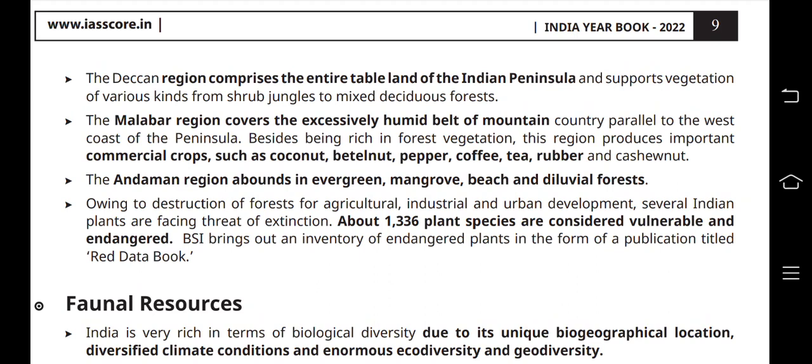The Andaman region abounds in evergreen, mangrove, beech, and diluvial forest.